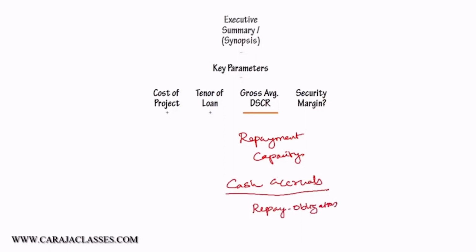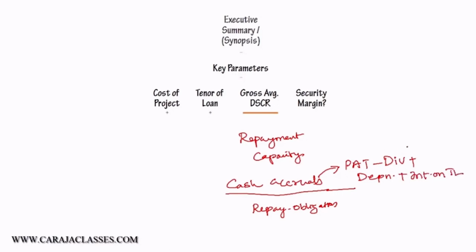So when I say cash accruals, how are these derived? It is basically profit after tax minus dividend plus depreciation plus interest on term loan.